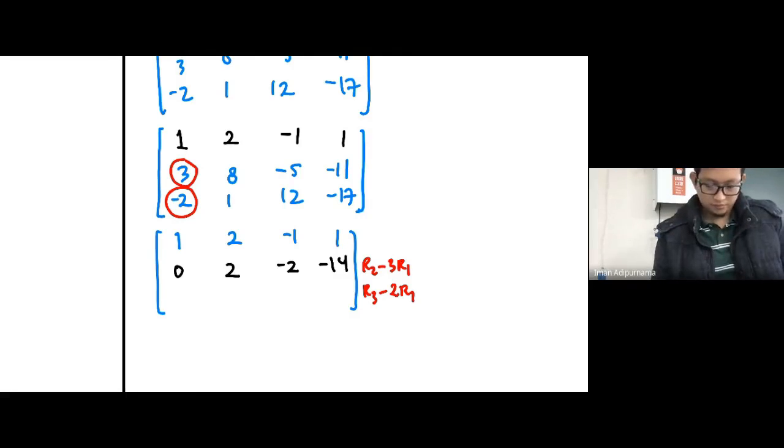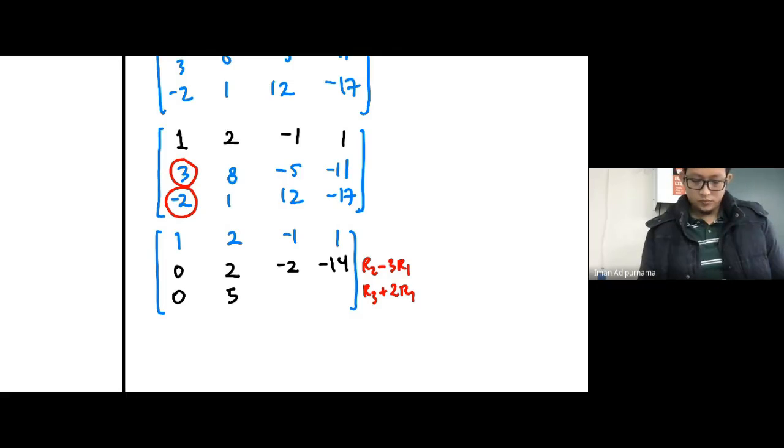Oh, plus. 0, 12, negative 2 is 10. Negative 17 plus 2 is negative 15. Okay.